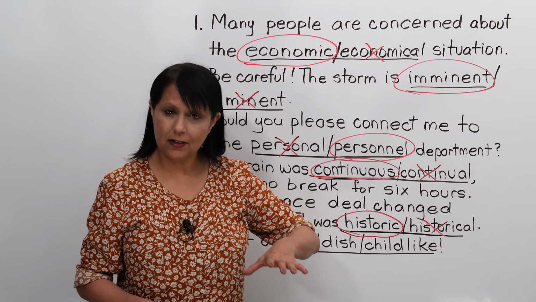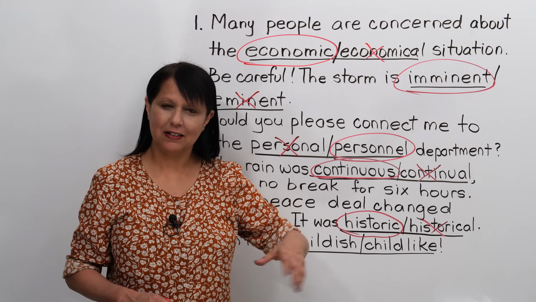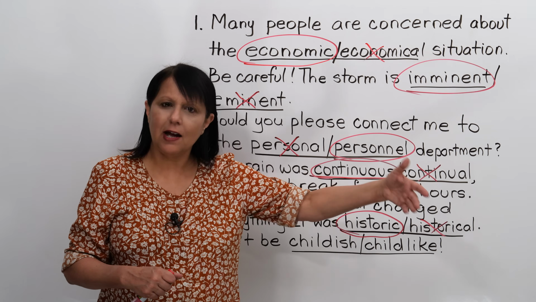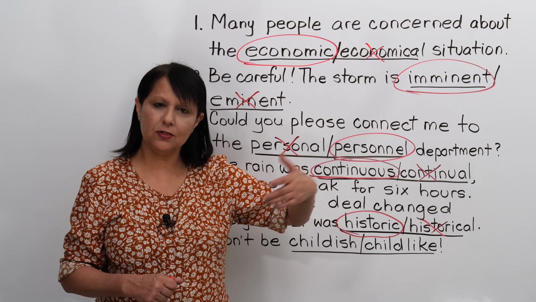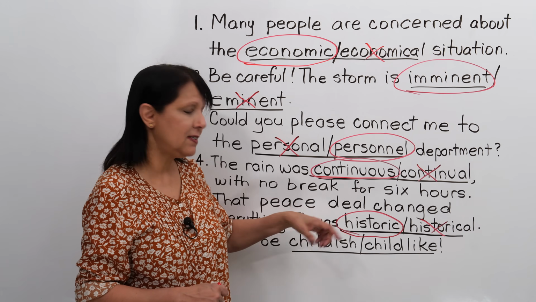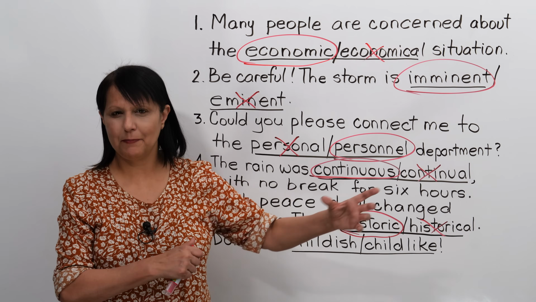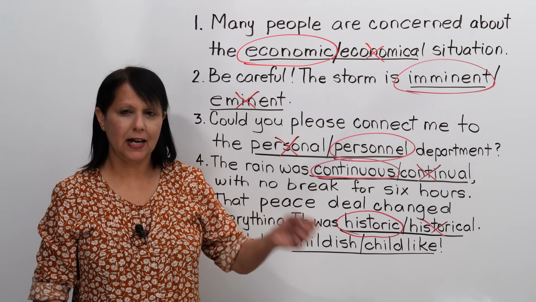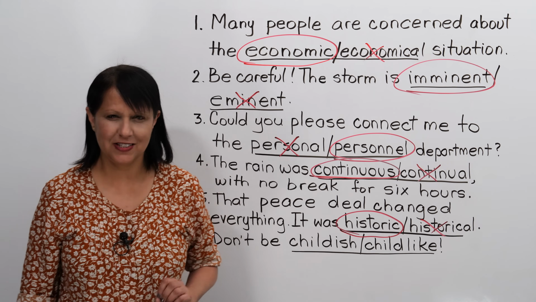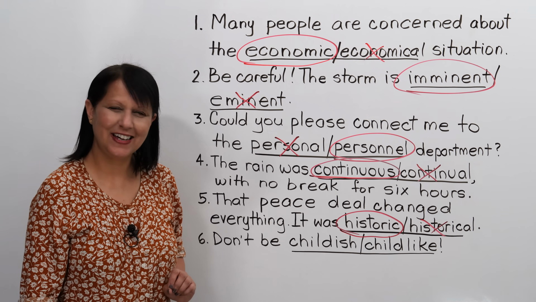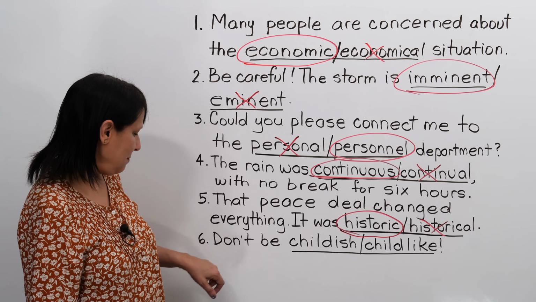And historical also has to do with history, but it just means that it was something that happened in history, in the past. Okay, it was historical. But this is something important that happened in history. All right? And again, we'll look at more examples so you understand very clearly the difference and you don't make this mistake.